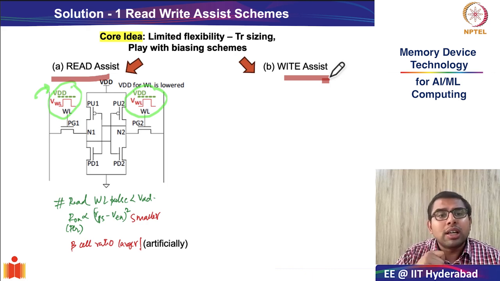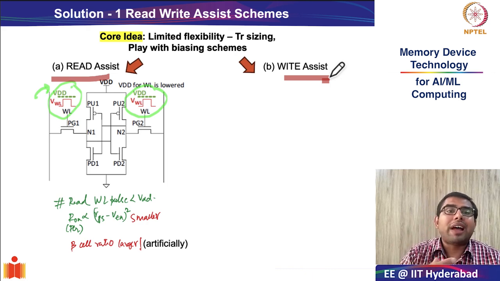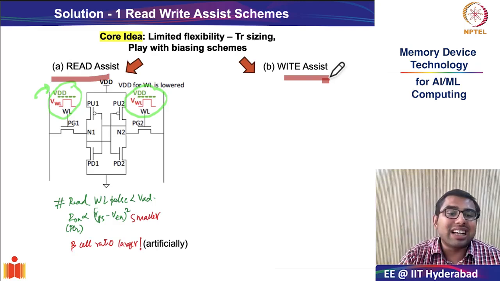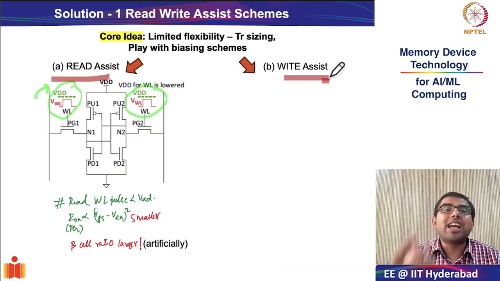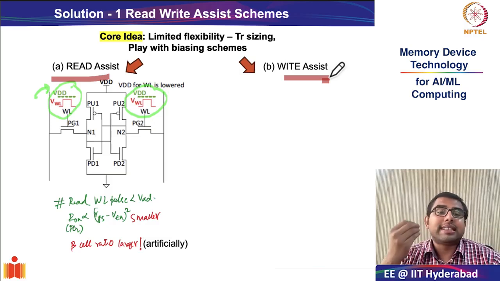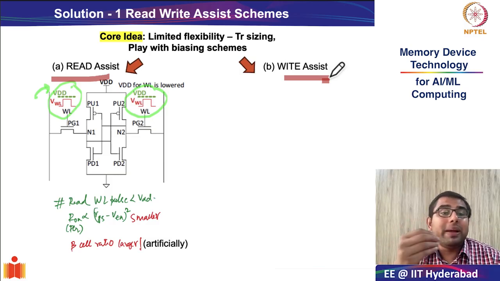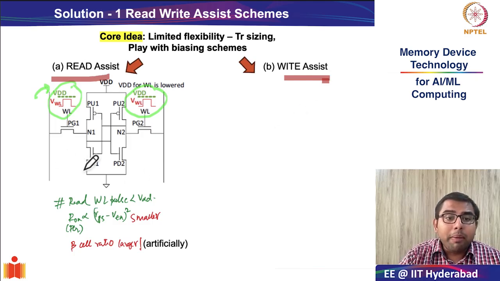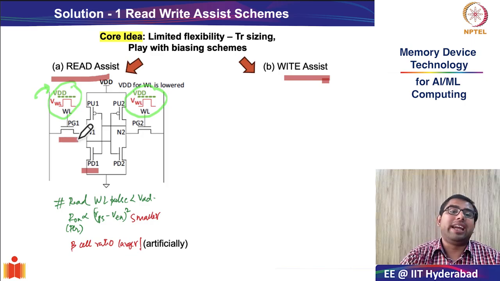What was the key philosophy of the read assist scheme, or what did we want during read assist? We wanted to make sure that a good cell ratio is maintained. The beta or cell ratio means the strength of the pull down transistor must be greater than the pass gate transistor.